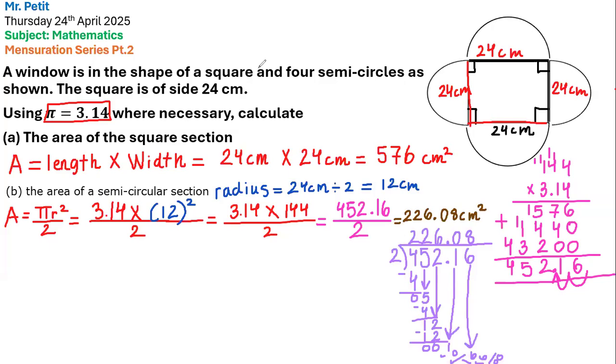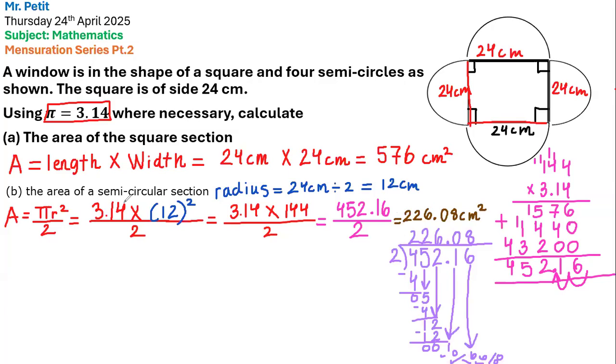Oh, wow, you're loud and clear. Walk us through how we got 226.08 centimeters squared. Do you understand this, first of all? Yes, sir. I like this topic. The formula for a semicircle is pi r squared over 2. Then we just fill in the gaps. We put 3.14 times the radius.